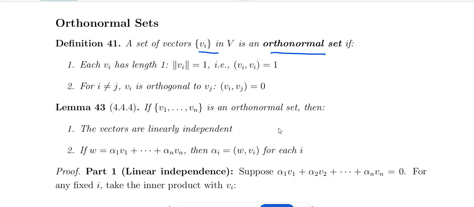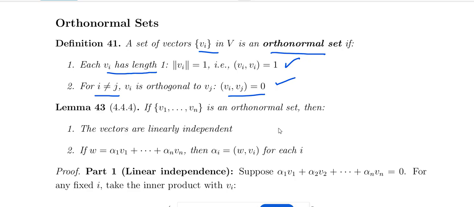How do we define it? A set of vectors Vi in V where each Vi has length 1, that is, the norm of Vi equals 1, and distinct elements are orthogonal, that is, for i not equal to j, the inner product of Vi comma Vj equals 0. If these two properties are satisfied, the inner product of the same element being 1 and of different elements being 0, then the set of vectors in V is called an orthonormal set.